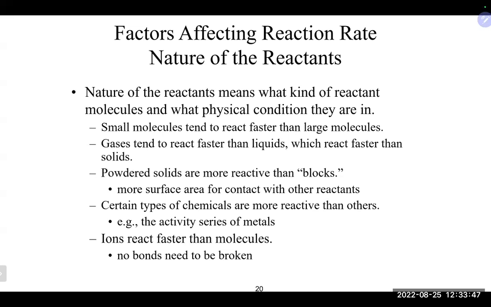Liquids will react faster than solids. Solids are just sitting there, right? They're not moving around, so they don't react very well without a little bit of help. But even solids can react, and powdered solids react more than, say, block solids.